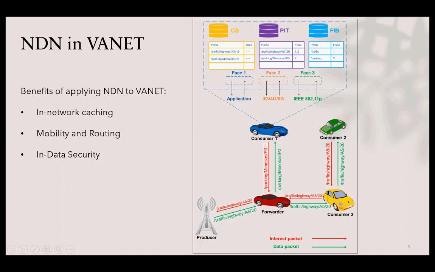The interest for content traffic/highway/A5/20 by consumer 3 is instead forwarded to the producer because the forwarder does not have this content.